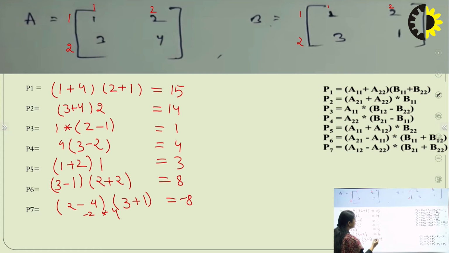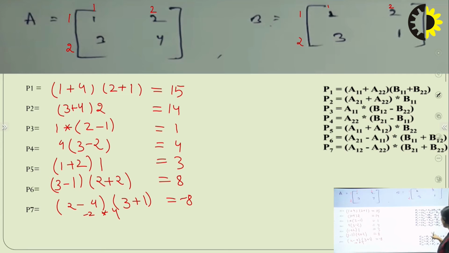So the value is minus 8. These are the values after putting in the formulas for P1, P2, P3, P4 and so on. Now we are getting the values of P1, P2, P3 up to P7.